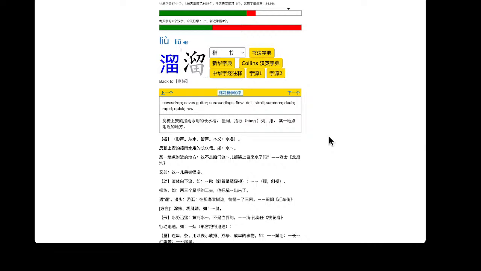It also means liquid flowing downwards, and it also means appear, like water coming out. For example 他把腿溜出来了 means he revealed his legs, things like that.